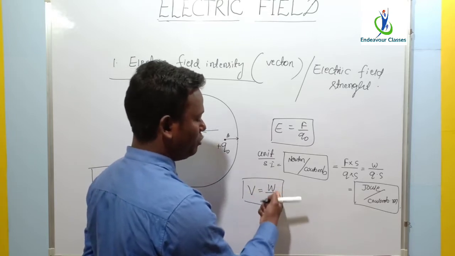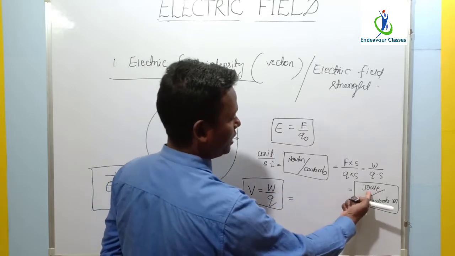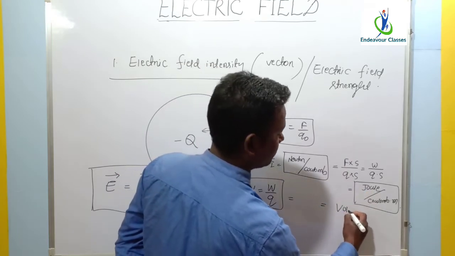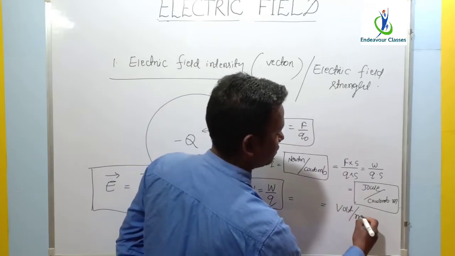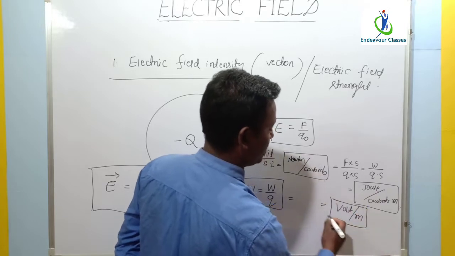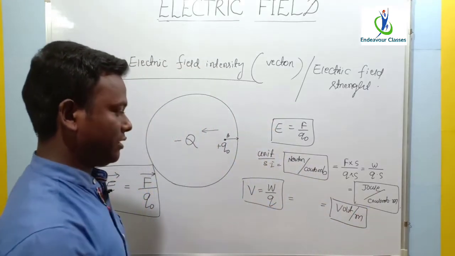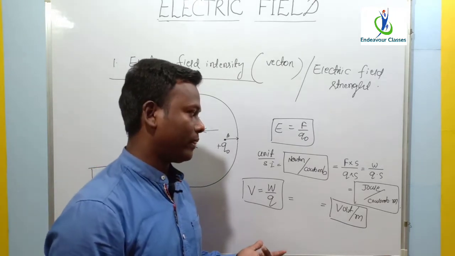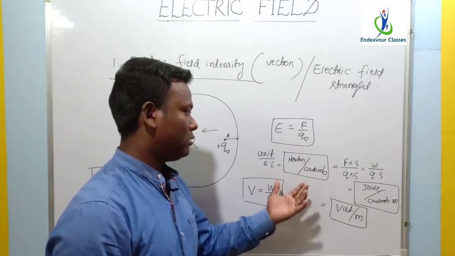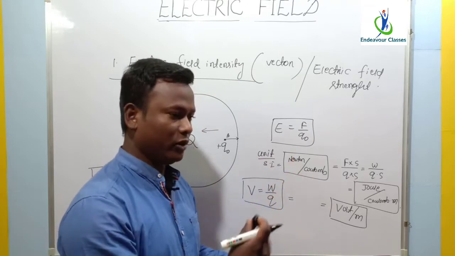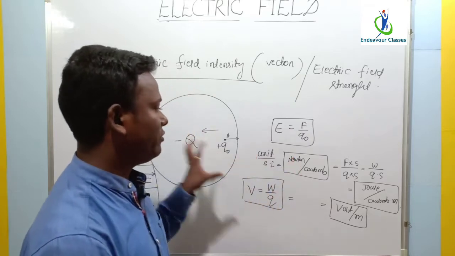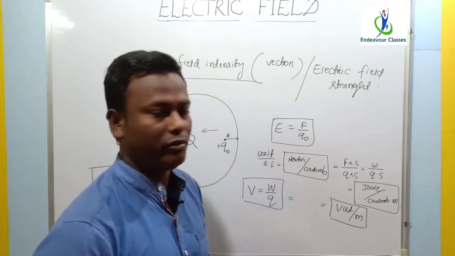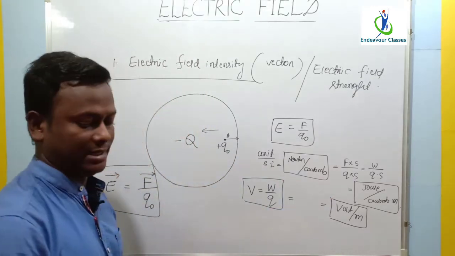So here joule per coulomb is already there, so it will be equal to volt per meter. This is also another unit of the electric field intensity. Generally multiple choice questions are asked to find out which of the following units of the electric field intensity is not correct. So remember, these are all the derived units of the electric field intensity.